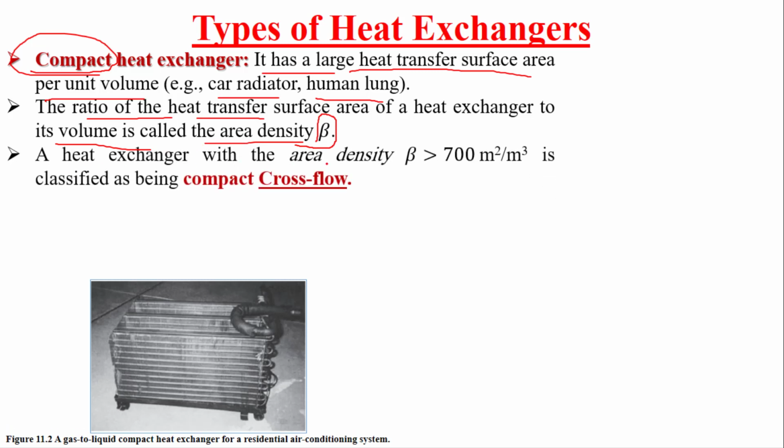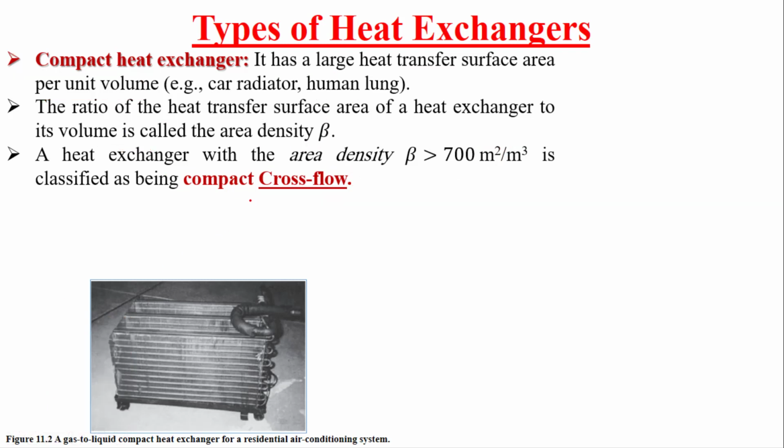A heat exchanger with area density beta greater than 700 square meters per cubic meter, so the ratio between the area and the volume is 700, we can classify as compact cross flow.